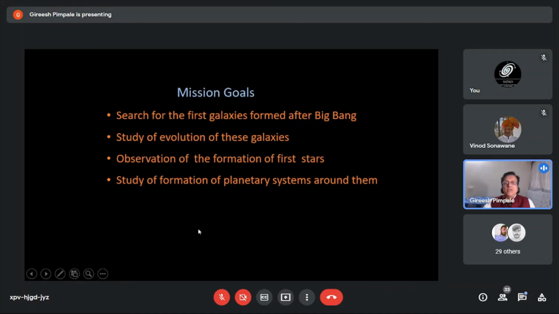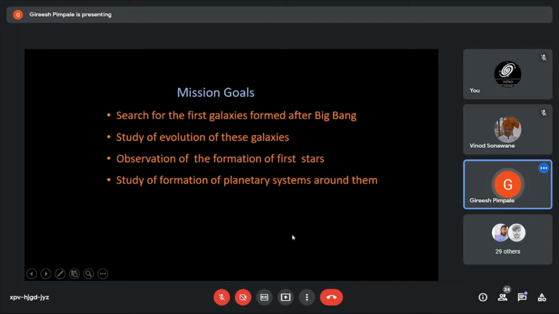Then study of formation of planetary systems around the stars. See, all these processes take thousands of years or millions of years, and we have still not understood how a planetary system is formed. There are some theories, but we don't have concrete information about planet formation, planetary system formation around stars.